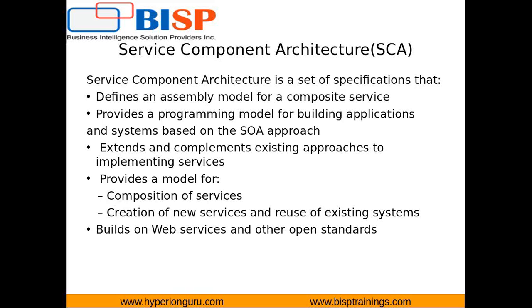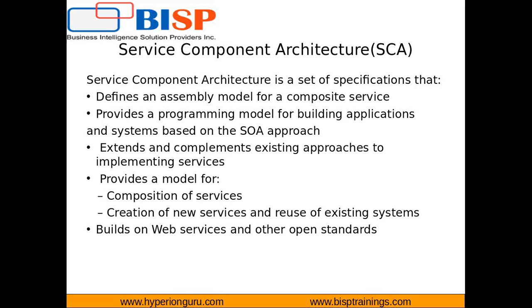Now SCA is heavily used for the Oracle SOA Suite products from 11g. So in 12c also it carries forward the same set. And we are just going to look at SCA with the understanding that this is how our components are defined. This will give you an idea of how the components are defined. Now, service component architecture is an assembly model for a composite service.